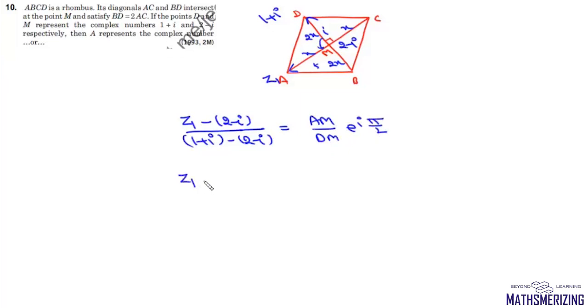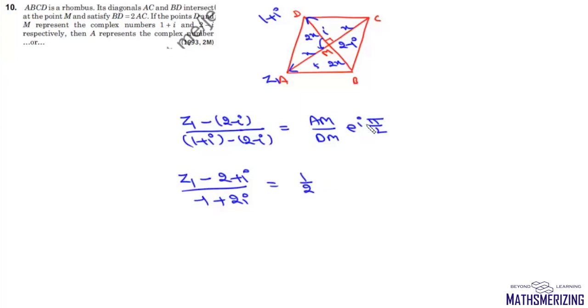So it will be Z1 minus 2 plus i, and here it will be minus 1 plus 2i. Now AM upon DM, AM is x and DM is 2x, so it will be 1 by 2.